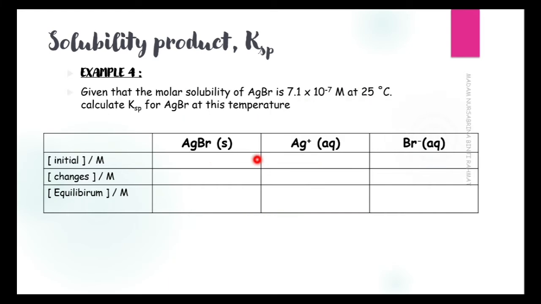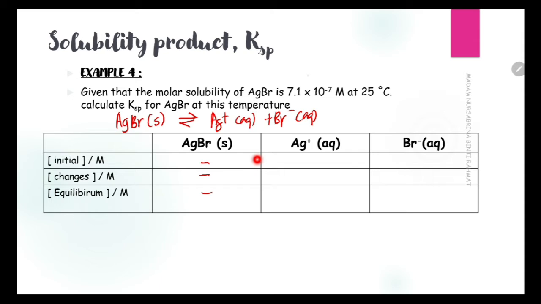Let's look at example 4. They give you another molar solubility, but this time it is for silver bromide. Write down first the equation for dissolving silver bromide salt in water. The silver bromide solid can be ignored; we can just put a dash on it because it's a solid.